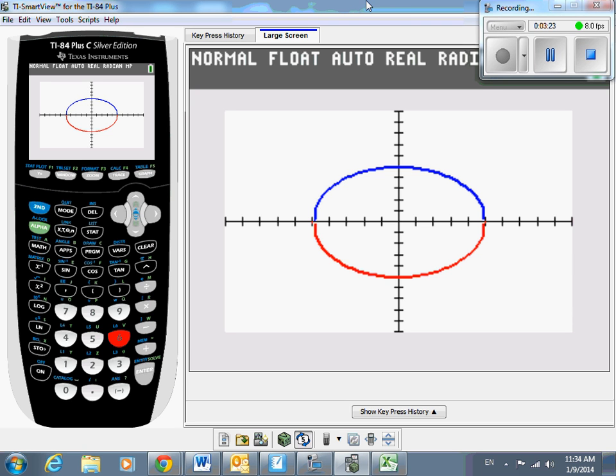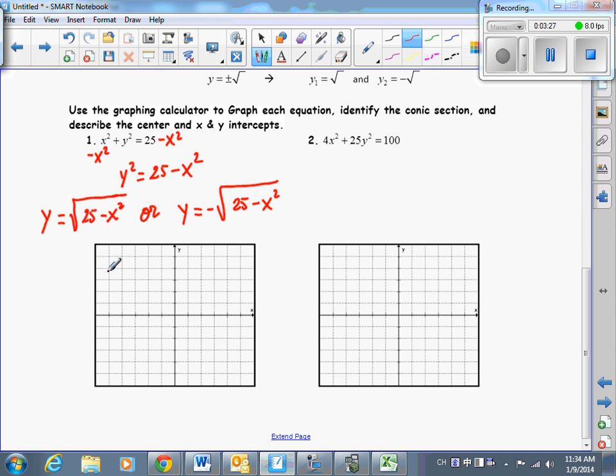Well, we find out that this is a circle. So here, I can graph it knowing that this is 5, and you build your circle.